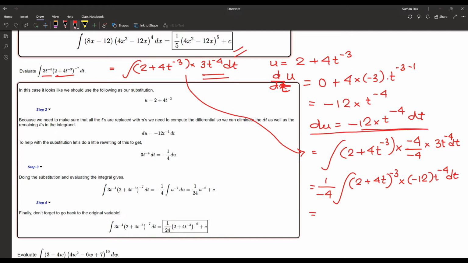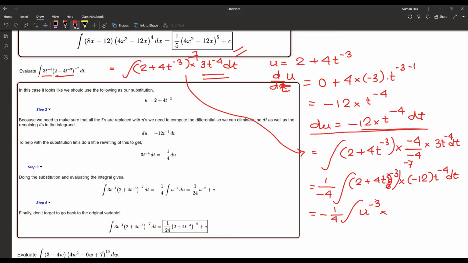So we may write here u to the power minus 3 into du, sorry, minus 7 here.